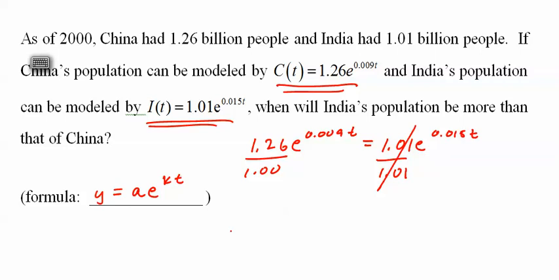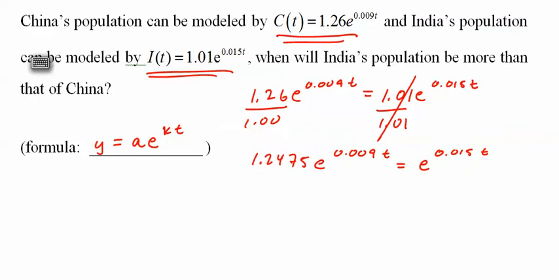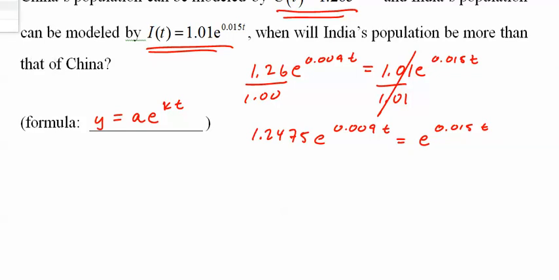And it's going to get a little dicey here. 1.2475. So I can take natural log on the right side, piece of cake, but natural log on the left side looks kind of ugly. What the heck are we going to do?